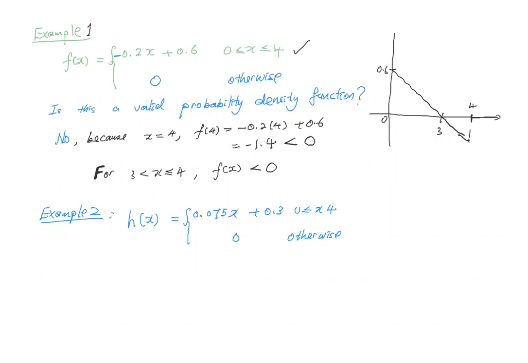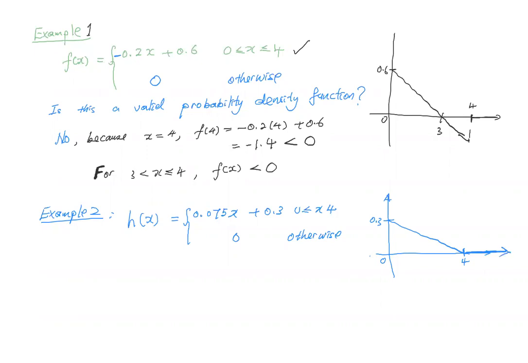So when you sketch the graph, do you know how to use your GC to sketch the graph? Yeah, you just key this into Y1, then you put your domain at 0 to 4. So you will get a graph like that. Then others are 0.